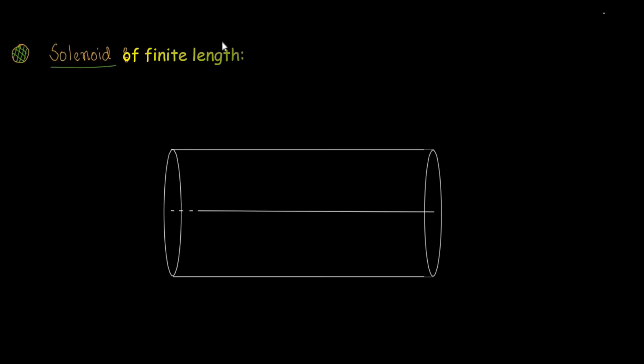And we can denote this as the axis, the imaginary axis of the cylindrical core. Now we can denote the midpoint of the solenoid. Here P is the midpoint on the axis of the solenoid, and x1 and x2 are the two ends of the solenoid.